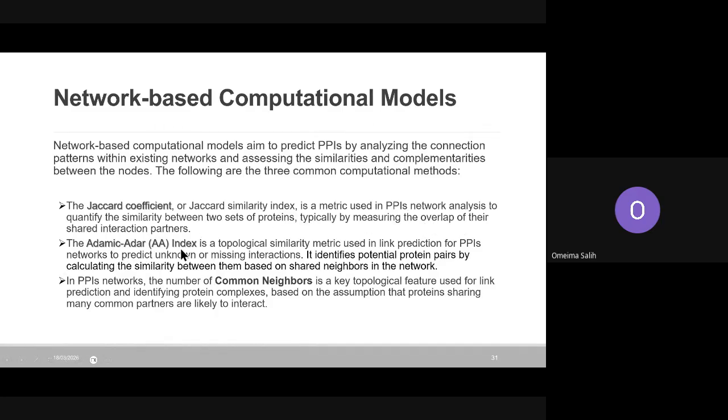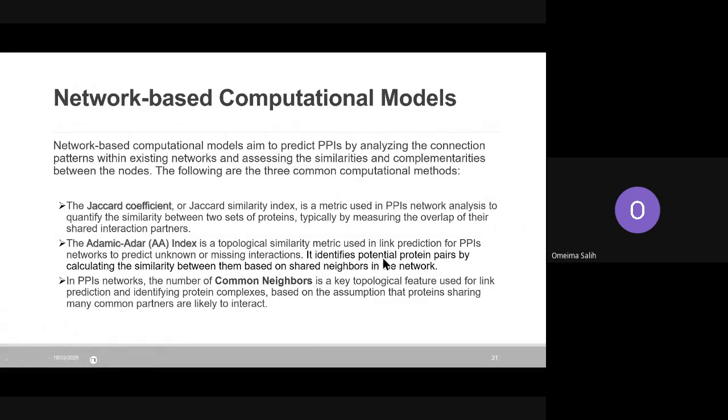Adamic-Adar, another index, is a topological similarity metric. Each one has its own use or output in link prediction of the protein-protein interaction networks, to predict unknown or missing interactions.